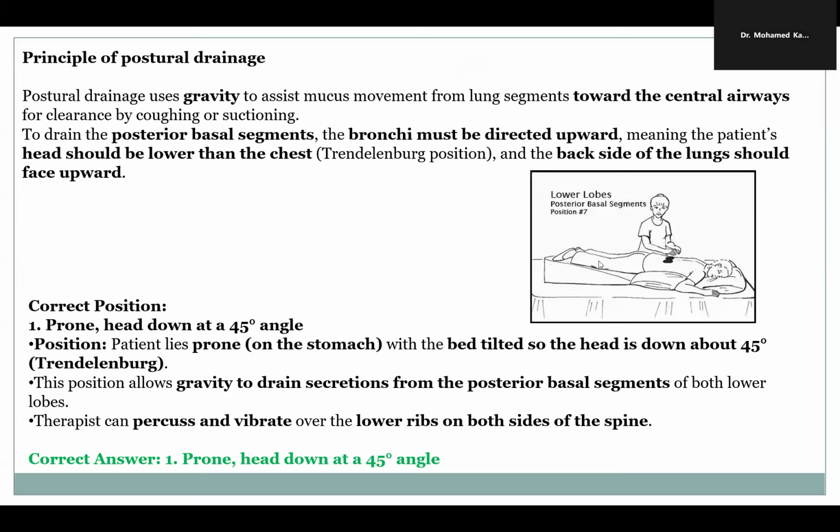So the therapist can do percussion, vibration, which are techniques helpful for clearance of secretion, on the lower ribs on both sides. I will do percussion, and while the patient is exhaling, I will do vibration. So this is a correct answer, number one.